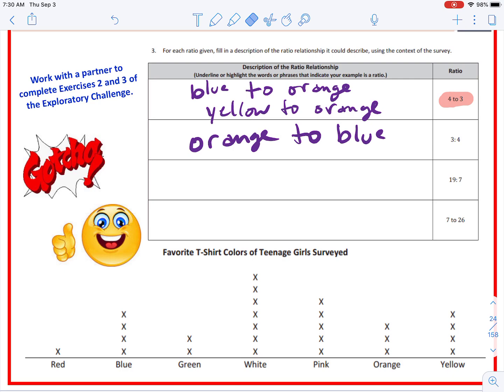All right, quickly. Look at 19 to 7. Pause the video and try to think of something you can describe with looking at the data below that would show a ratio of 19 to 7. Go.